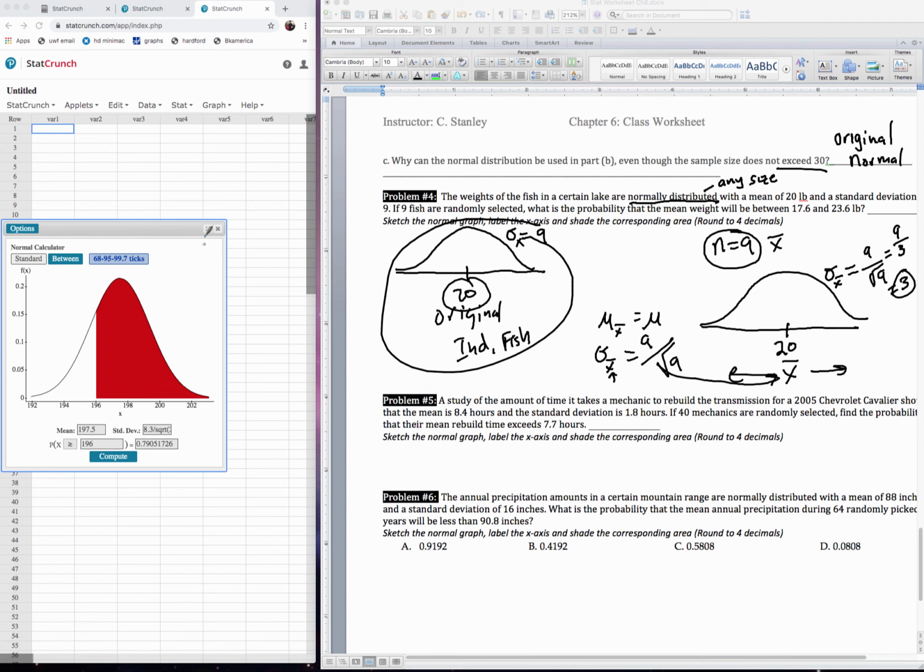So I come over here. We could use the normal calculator because the total is normal. We could use the CLT. Okay, mean is 20. Standard deviation is 3. I didn't have to do all that funny business because it came out perfect. And I think this is a between problem.